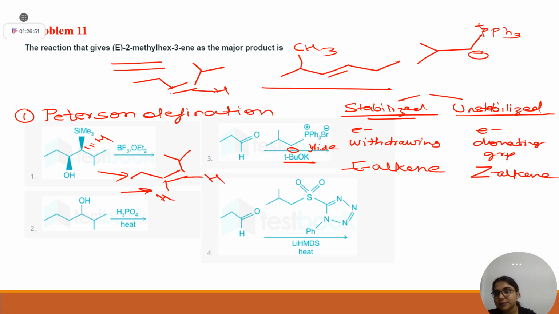But this is my unstabilized ylide, so I am getting this Z alkene. But in the question they are asking for the E alkene. So the first option is eliminated.